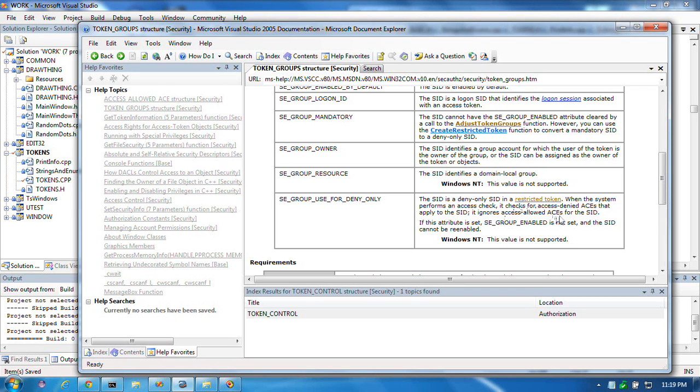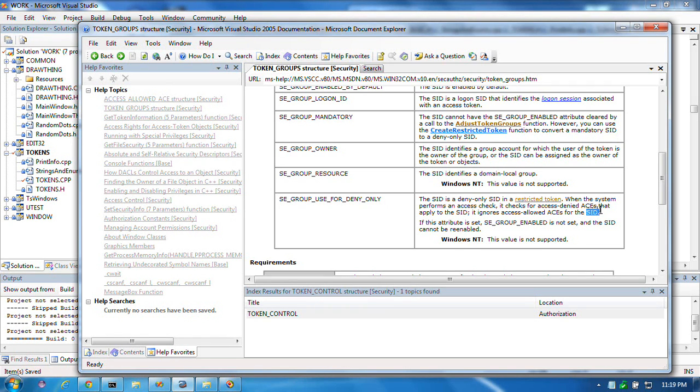it checks only access denied entries that apply to the security identifier, ignores any allowed entries for the SID. And I'm thinking, what do you mean, the SID? Which one?